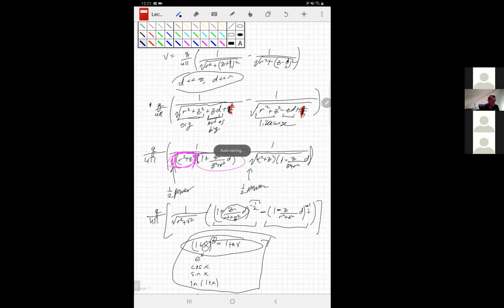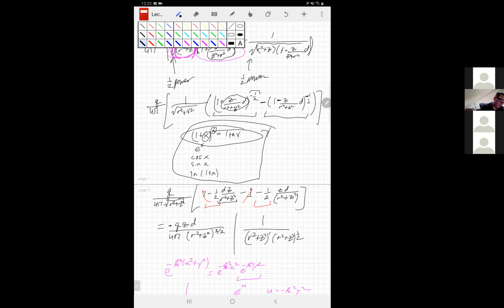And now what we've got is 1 plus or minus a tiny quantity. Here's our tiny quantity, raised to the power 1/2, or actually negative 1/2, because 1 over the square root is the power negative 1/2. So we can write all of this as 1 plus zd over r squared plus z squared to the negative 1/2 minus 1 minus zd over r squared plus z squared to the negative 1/2.